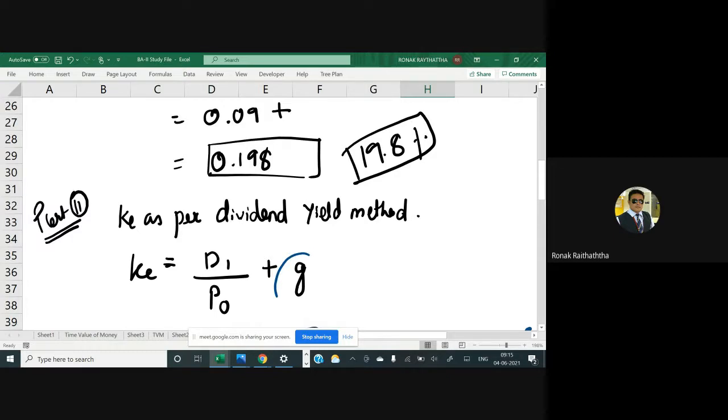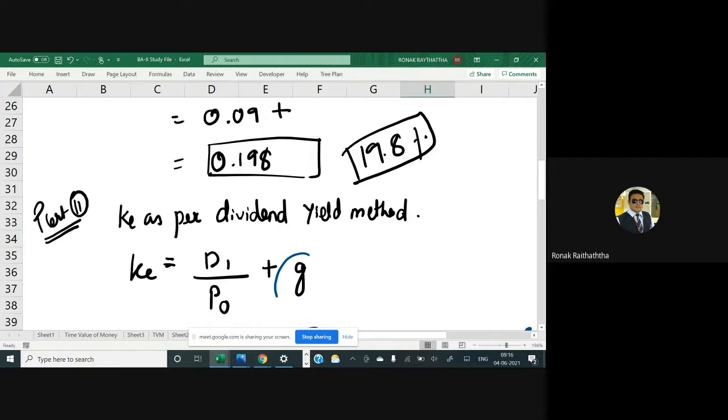Now we can conclude from this, slightly outside the topic but still for better interpretation, that investors are expecting a lower growth rate as far as the dividend yield method is concerned. It's just 4.12 percent. But if you take the market returns, the risk-free rate, and the beta of the company into account, then it comes to somewhere around 19.8 percent as per the CAPM.